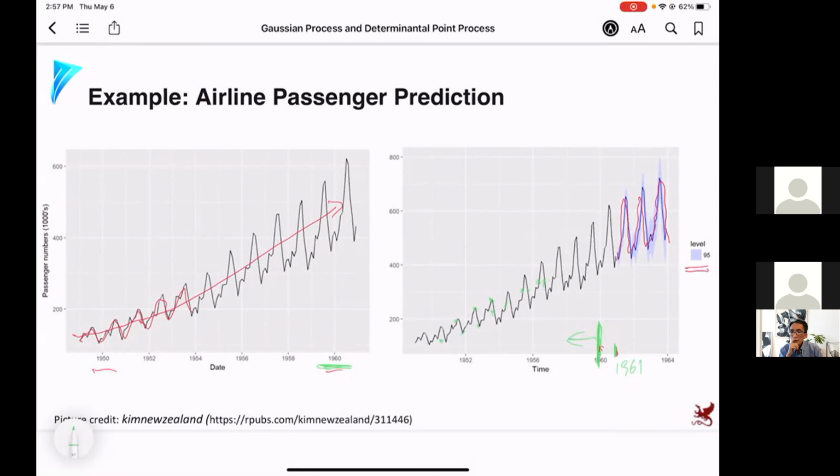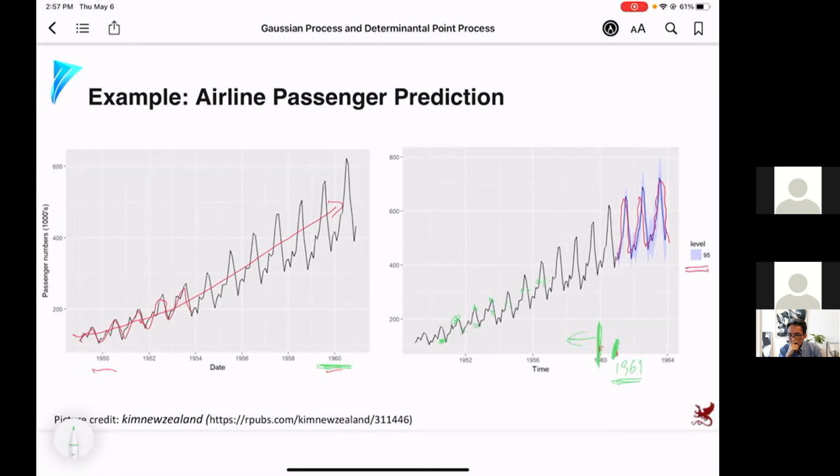Yeah, they will all be considered as X. For the Y, a majority portion of them we already observe the value, and we want to predict the 1961. The Ys are Ys of these points, but not Y of this 1961. So you mean the Y part is just the unknown part? Yeah. Okay, I see.